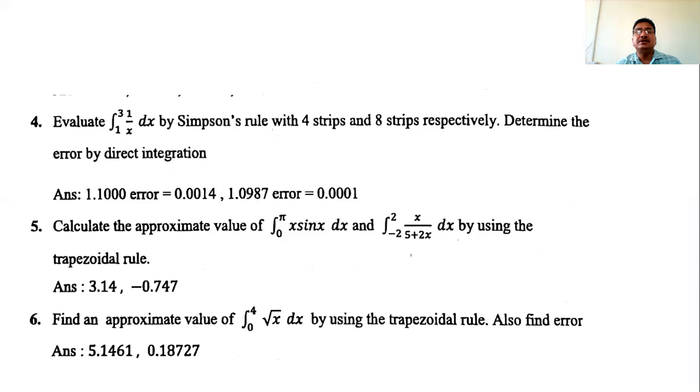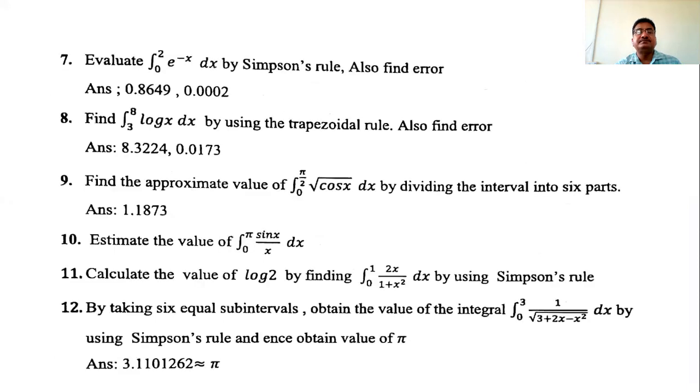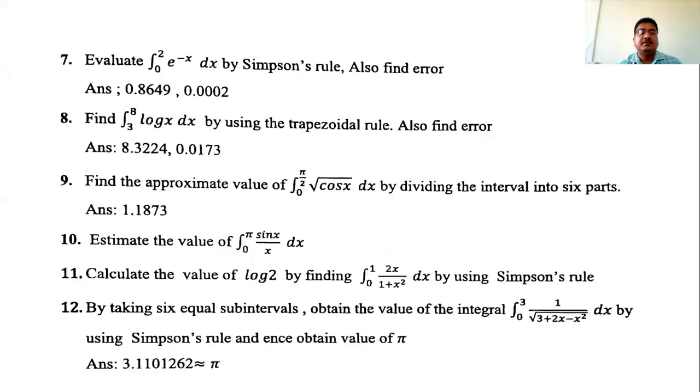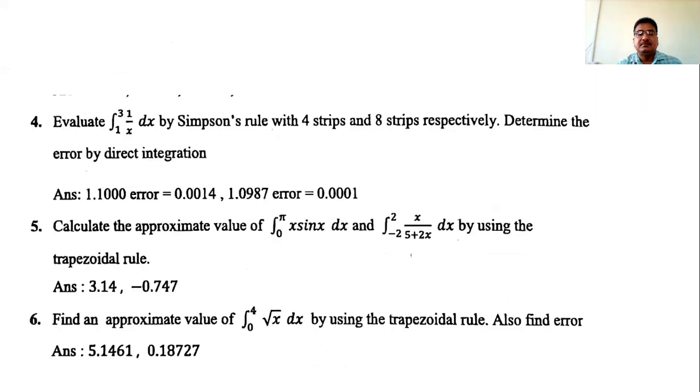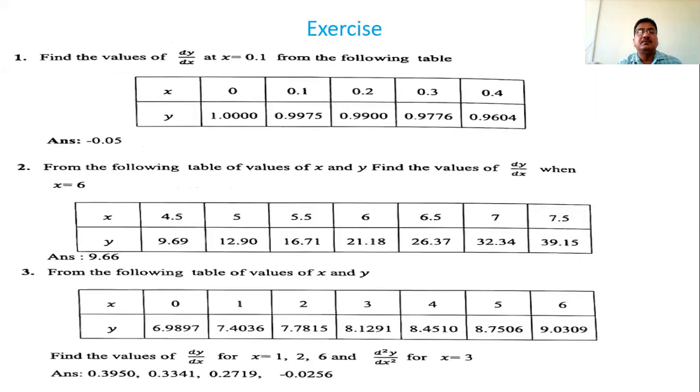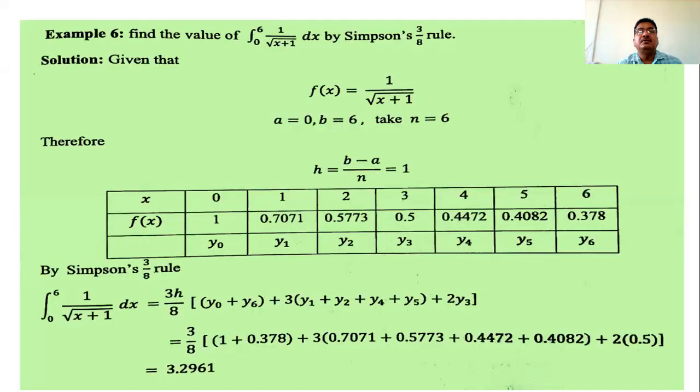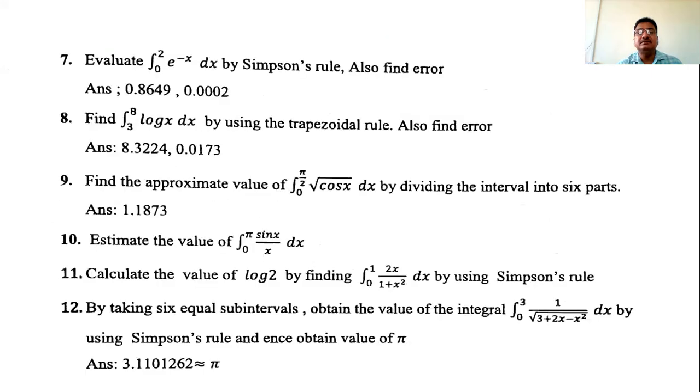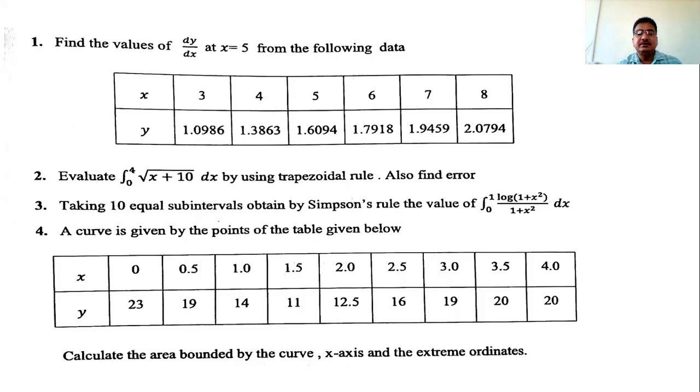So there is a question in the exercise on this knowledge. What is the question? Is it possible to apply Simpson's 3/8 rule if the number of sub-intervals is 10, for example?